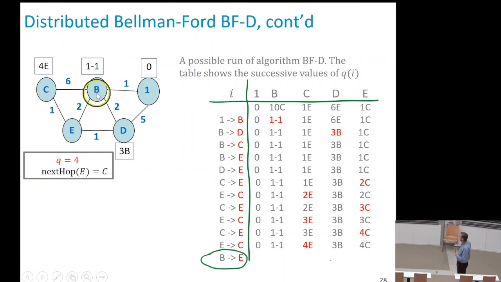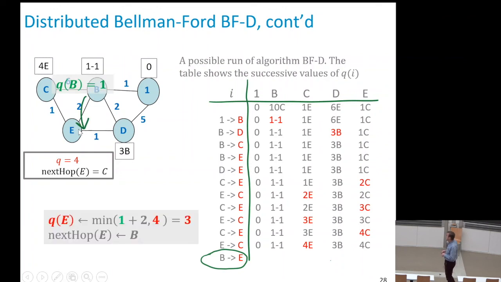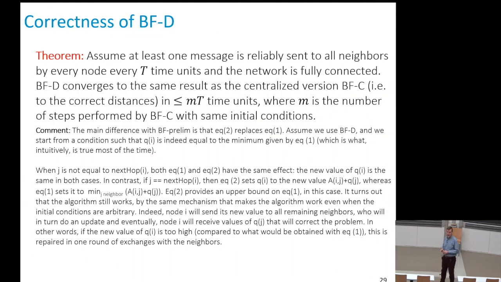For example, B sooner or later will send a message to E, and E will say B is not the next hop, so in order to be adopted it has to be better. But now because Q is larger, the new value will be better. So B will send this information, and Q will become 3, and the next hop will be B. And at the end, the algorithm will converge.